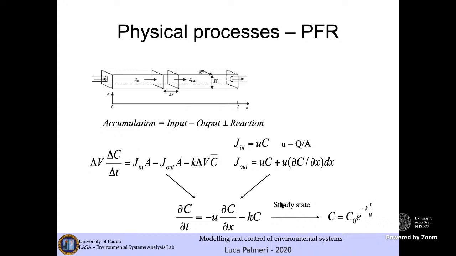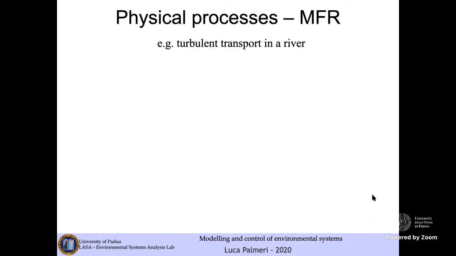In steady state, as is customary, we may write that the variation in time of the concentration is equal to 0, so we are at the regime now. And in this case, the solution of the differential equation, as you may imagine, is the classical decreasing exponential curve, in which now we have a dependence in the exponent on the horizontal coordinate, so on the distance from the starting of the river.